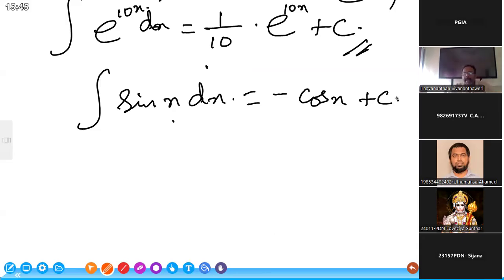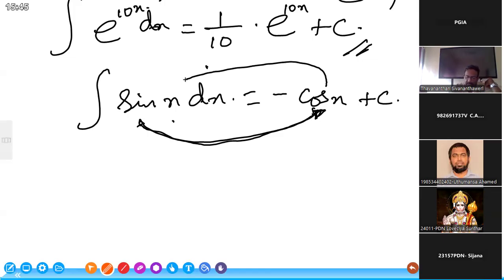So you should remember the differentiation also, because if this relationship is integration, the opposite way is differentiation. So when you differentiate, you'll have to get the same answer as it is. All right. So it is minus cos x plus c.